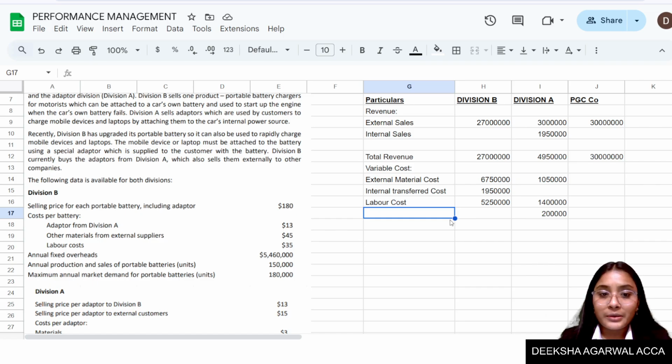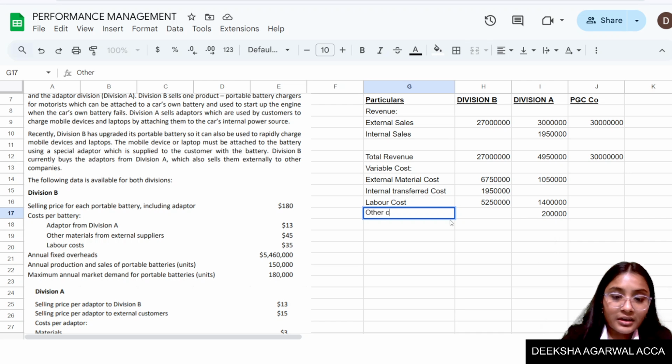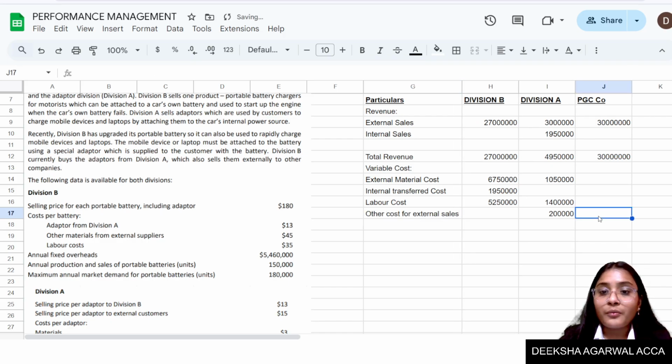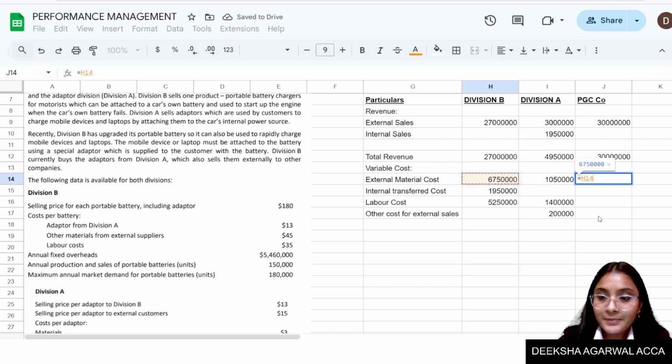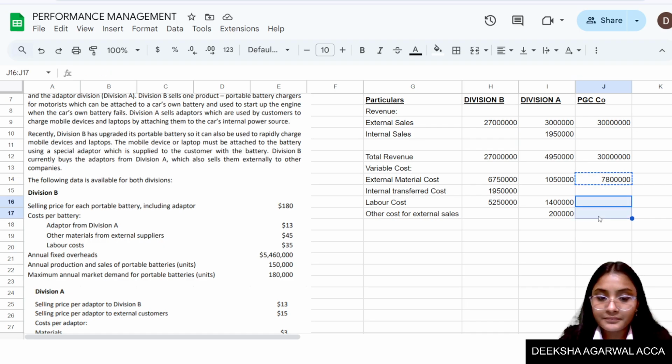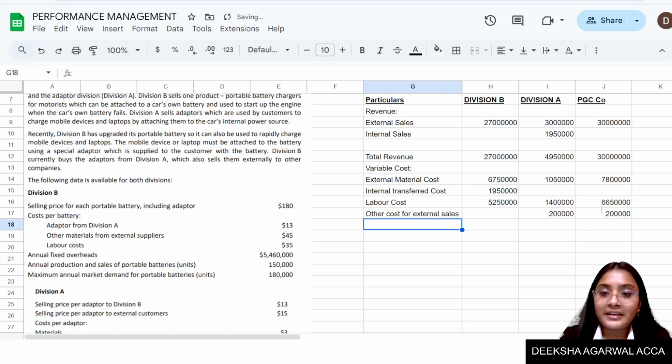Correct. So how can I do it? Now this is my other cost for external sales. How much cost will you be reflecting here? This plus this. Internal transferred sales will not be reflected. Why? When I haven't reflected revenue here, why will I reflect cost here? You will not reflect the cost.